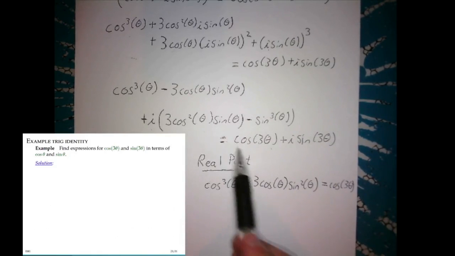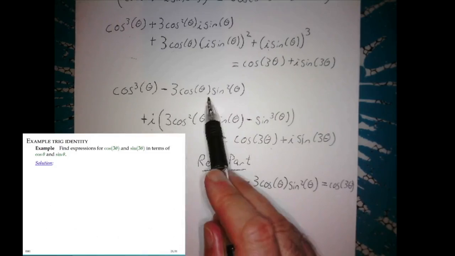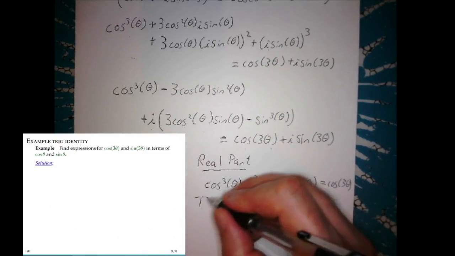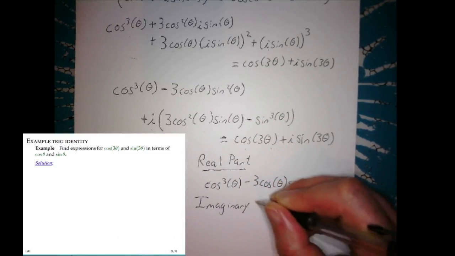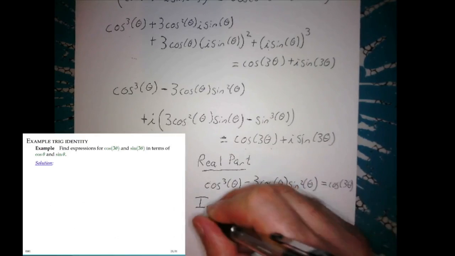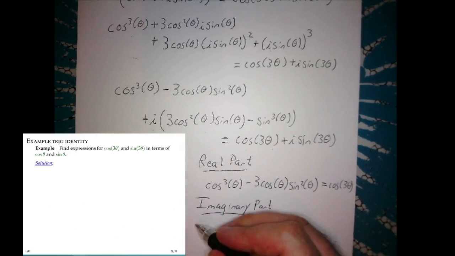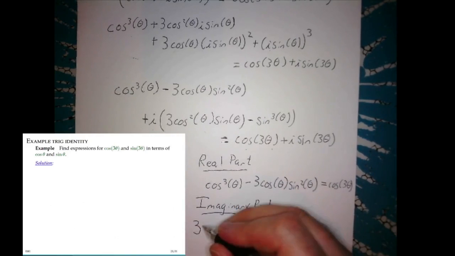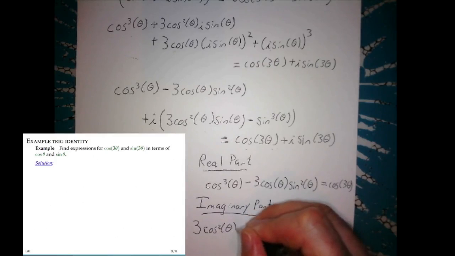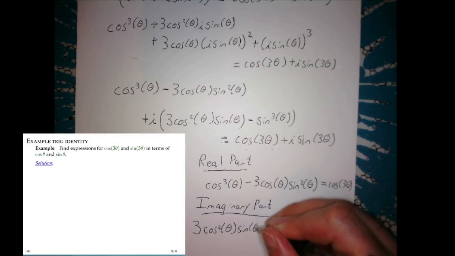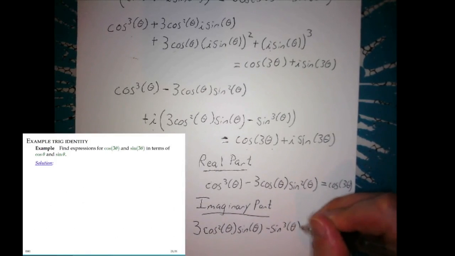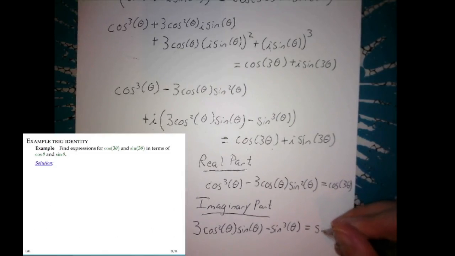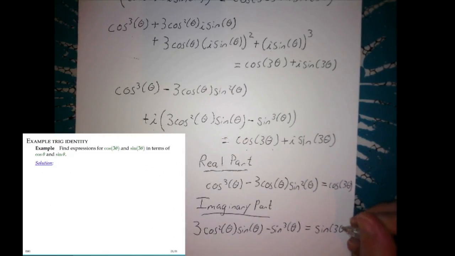All right, that's the real part on the right equals the real part on the left, and then the imaginary parts. On the left we have 3 cosine squared of theta sine of theta minus sine cubed of theta, and that equals sine of 3 theta.